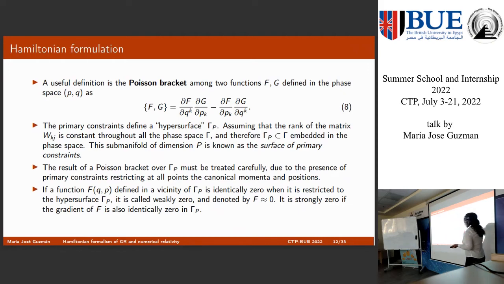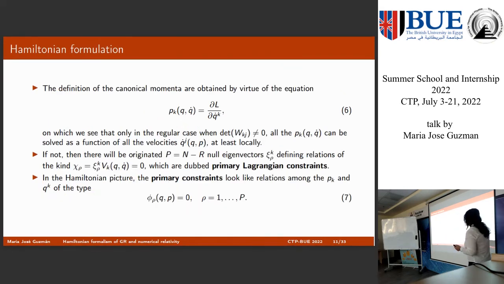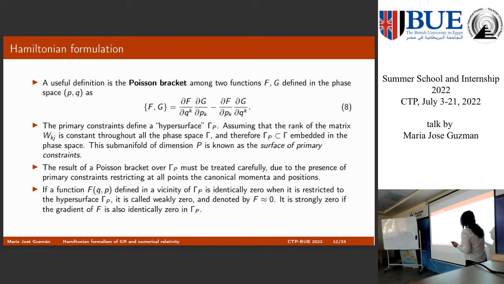But let's just take the definition, and let's take that in the previous slide I found a set of primary constraints for a particular theory. This is very general. For any theory, you will have primary constraints. You define this Poisson bracket, and then in the phase space of the theory, once you go to the Hamiltonian picture, it is expressed by a set of momenta and positions, for very specific coordinates.